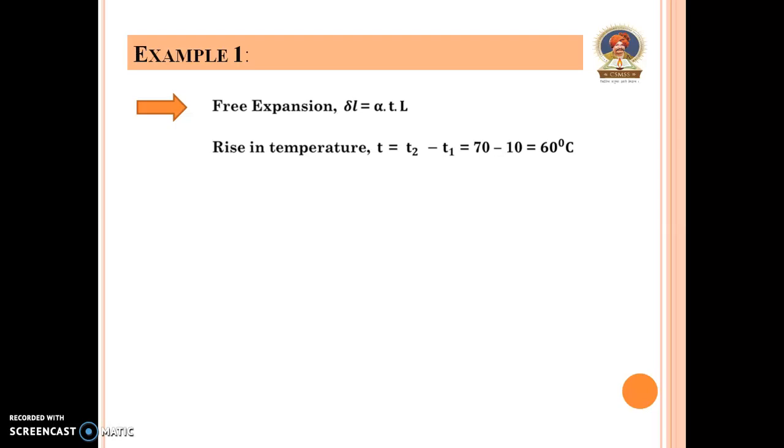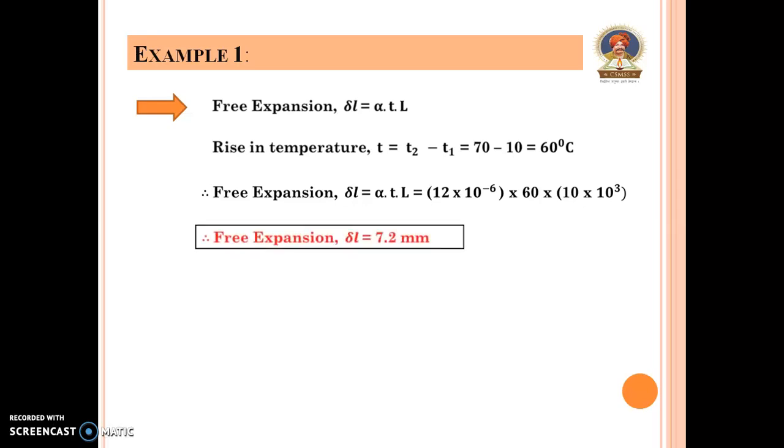So put all these values in the above equation. So delta L becomes alpha into T into L, which is equal to 12 into 10 raised to minus 6 into 60 into 10 into 10 to the power 3. So delta L is equal to 7.2 mm.